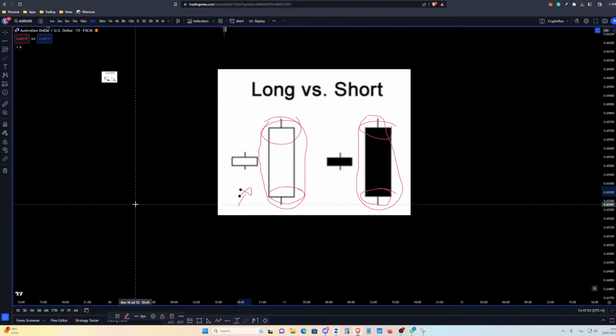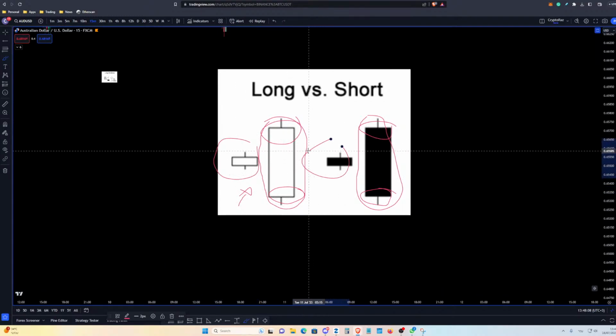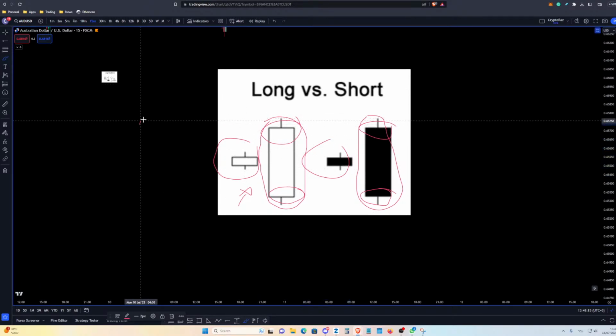Conversely, if there is a bearish candlestick in which the open is above the close, as I told you, with a long body, this means that the selling pressure controls the market during this chosen time frame. Short and small bodies indicate little buying or selling activity. Let's continue.